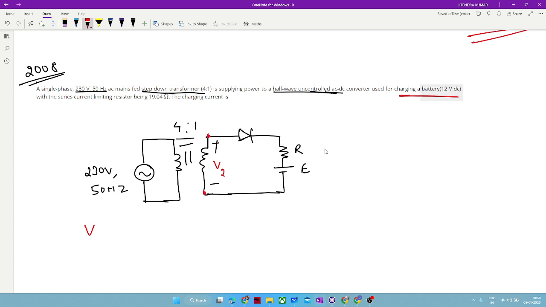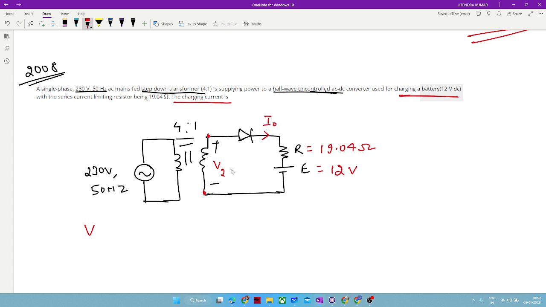Now it has a series current limiting resistor of 19.04 ohm, and E is 12 volt. Now it is asked for the charging current. So you have to infer from this circuit that your charging current would be I naught.